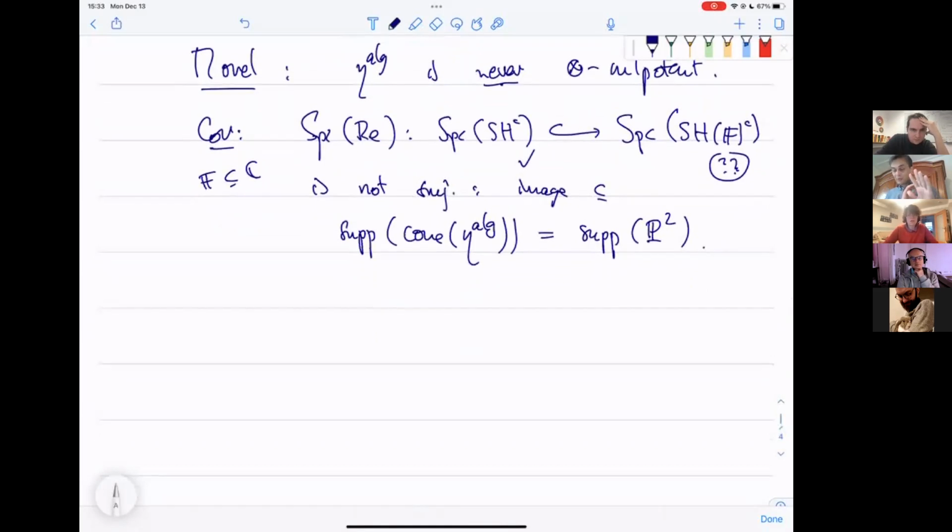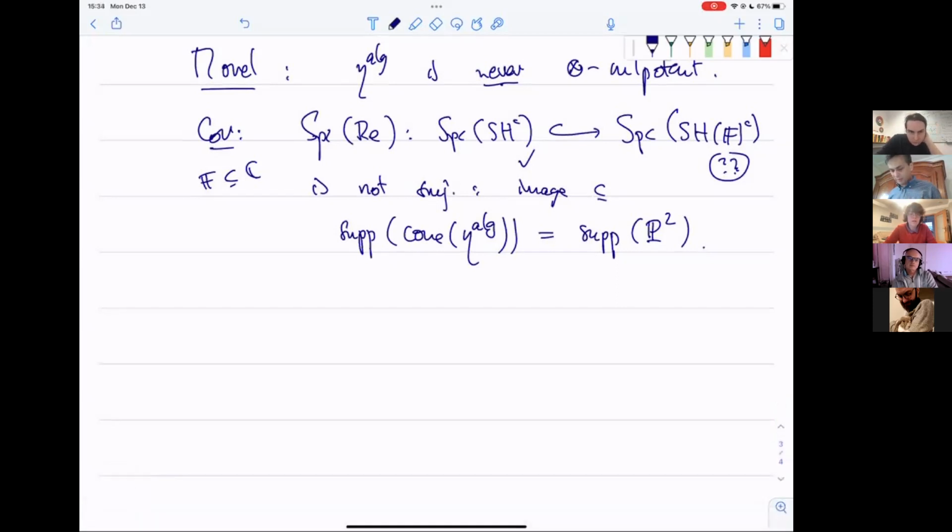But at the time, it was not clear if this was sharp. Maybe everything in this support of the cone of the algebraic Hopf map would be coming from topology. And well, there is some stuff in print which is incorrect.